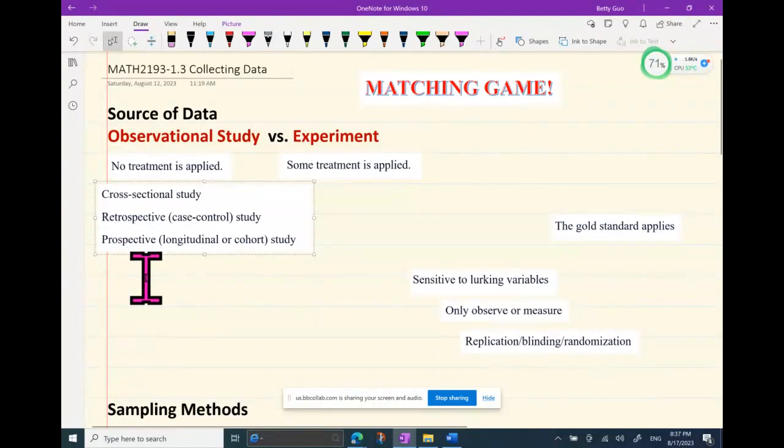Retrospective study is another type of observational study. It means you observe and collect the data from the past. Or sometimes we want to collect data from the future. That is called a prospective study, or longitudinal or cohort study.